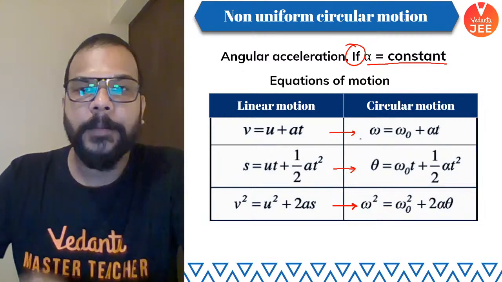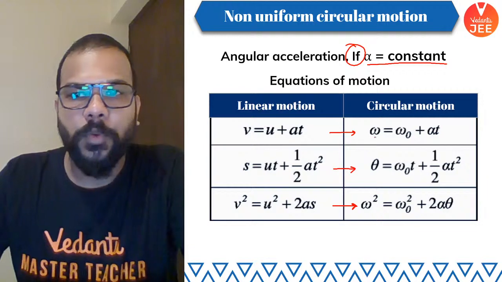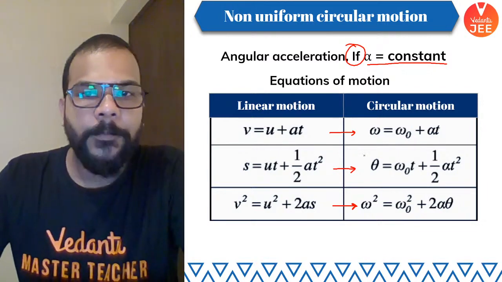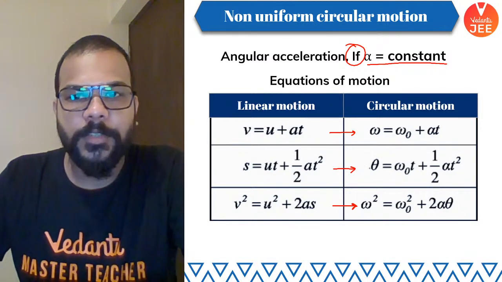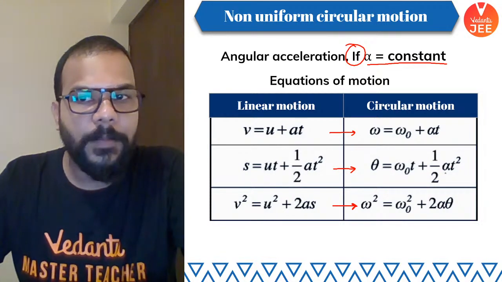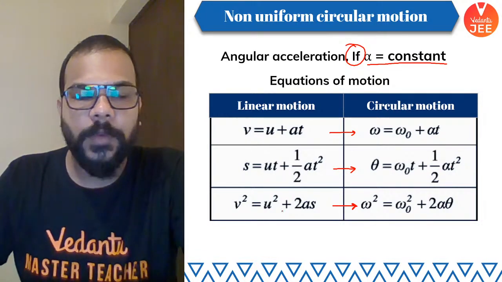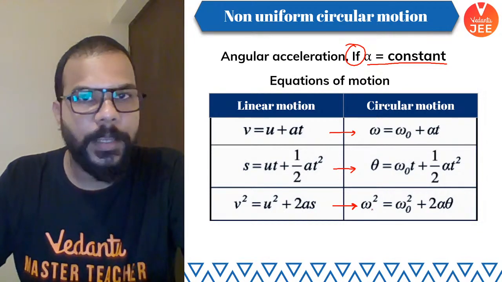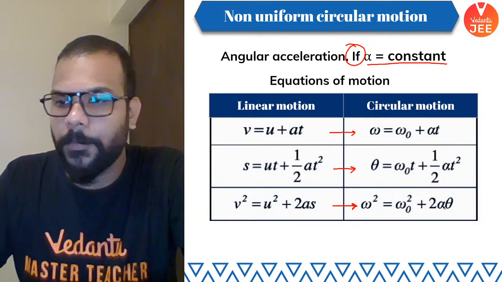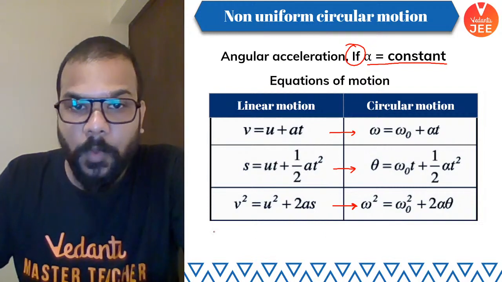What you see here: v equal to u plus at becomes omega equal to omega naught plus alpha t. S is equal to ut plus half at square becomes theta equal to omega naught t plus half alpha t square. And v square equal to u square plus 2as becomes omega square equal to omega naught square plus 2 alpha theta. What does it mean?